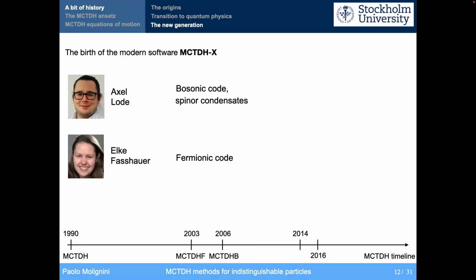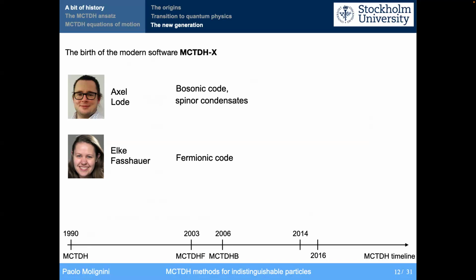And then two years later, with Elke Fasshauer, they added the fermionic part. So they merged the fermionic code and the bosonic code. As we saw before, the only thing that changes is the symmetrization that is different between the two. So they naturally can be combined. And then Axel also added the possibility of adding particles with internal degrees of freedom, in this case spinor condensates.